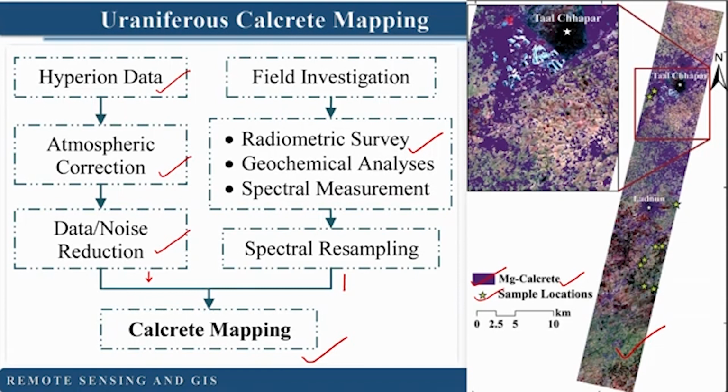All the methods have their own limitations. Because of that we could not directly identify the uranium, but the proxy was used to identify the uranium concentration. In the next work, hyperspectral remote sensing was used to estimate the suspended sediment concentration.